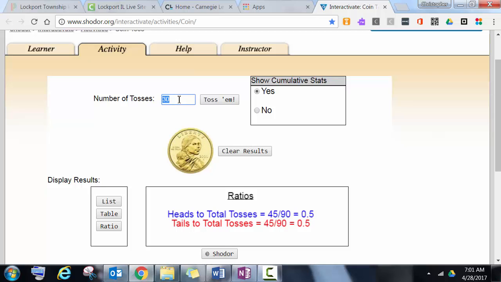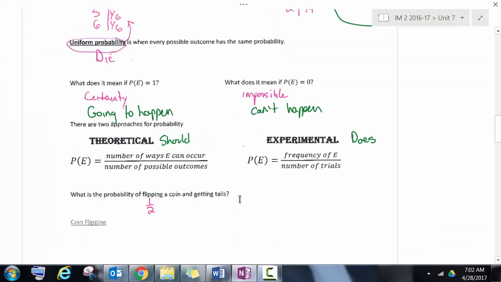Now if I did 300, you can see that they're both pretty close. Are they exactly the same? Did heads turn up as many times as tails? No, but they're very, very close. They're both very close to 50%. So over the long term, it's the number of times that it comes up, and that's what probability is all about.